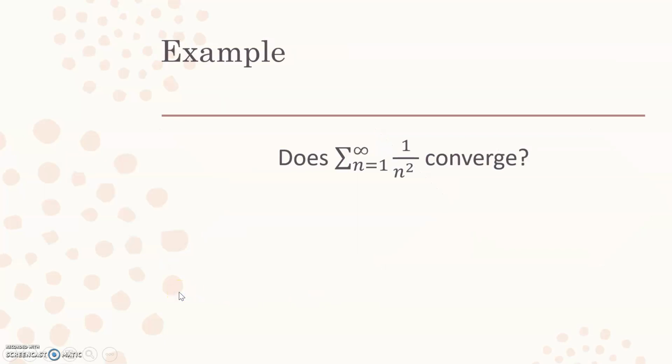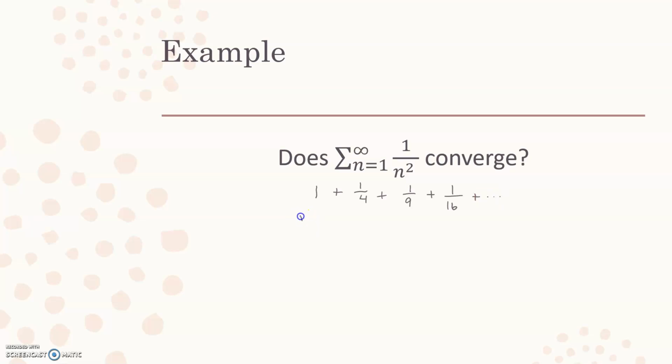So here's an example. We're going to look and see if this series converges. This series, if we wrote it out, would be 1 plus 1/4 plus 1/9 plus 1/16. And our instinct tells us, yeah, that probably converges. But here's the proof of it.